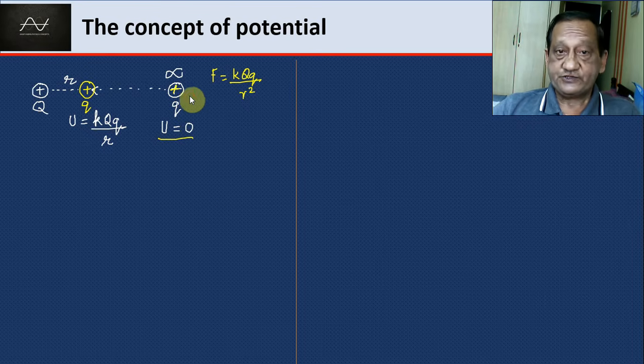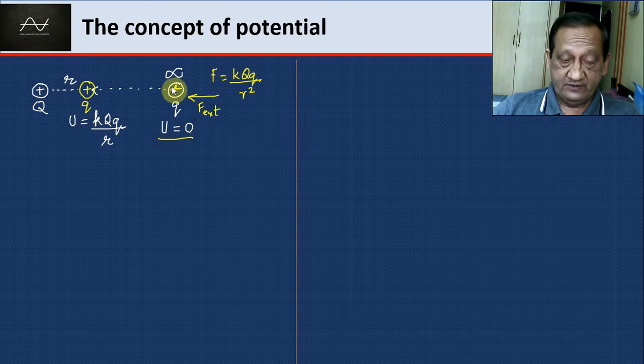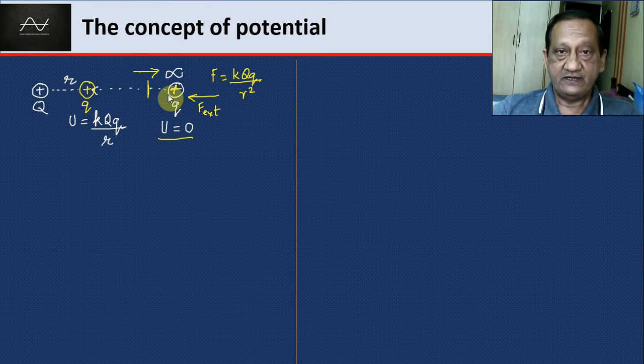Now, if an external agency comes in like this and applies a force to move this charge ever so slowly to bring it closer and closer to this capital Q, then it is facing a repulsion. As soon as it comes a little bit closer, it faces a repulsion by the plus Q. It has to overcome that repulsion and push it, so it is doing a positive work.